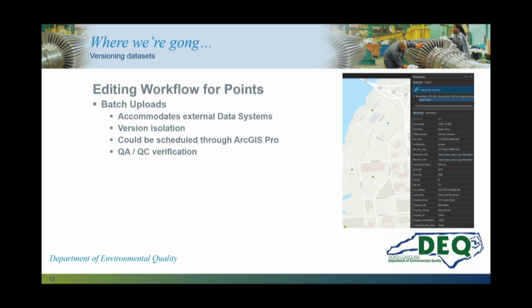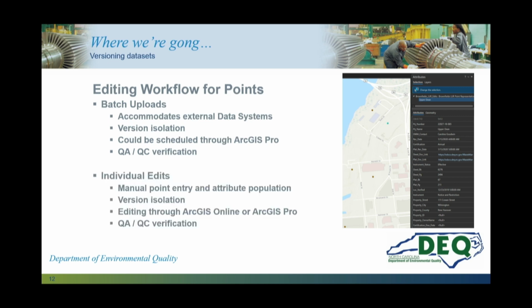So the first way that I wanted to talk about was points. For the UST group, they needed to be able to do batch uploads. What that means is that they're taking data from another system, making XY points out of it, and then essentially replacing their information in the enterprise geodatabase. And then, as David said, the onesies, twosies, you can go in and change those one at a time.